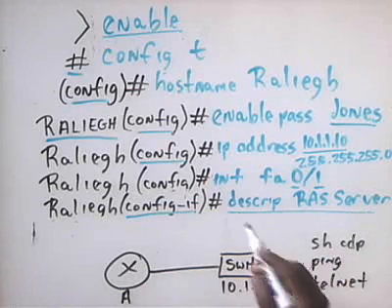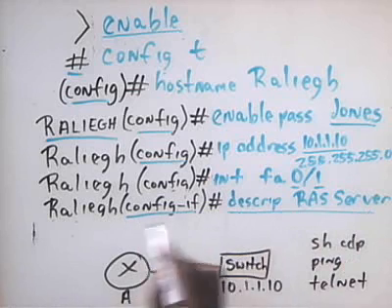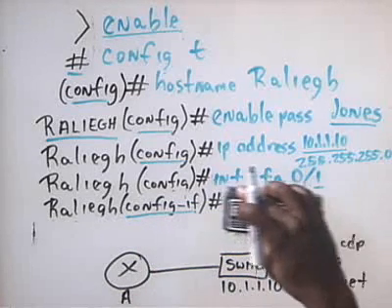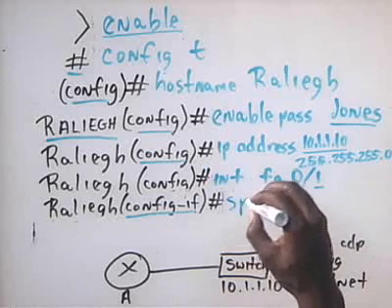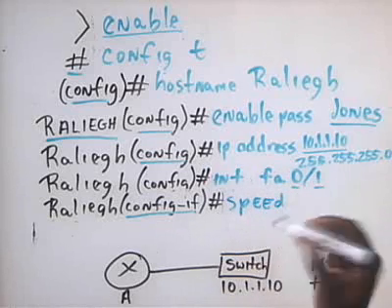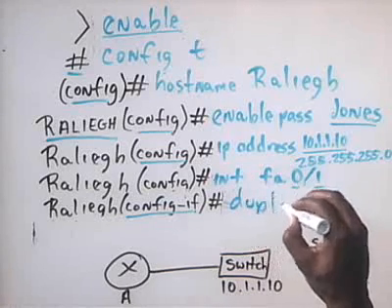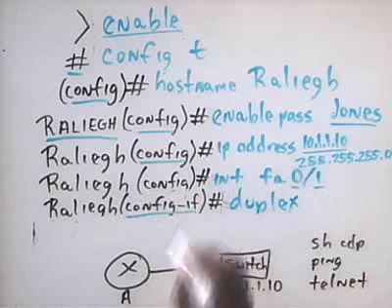Now that we've got a description set here, in that interface configuration mode, we could also set some other parameters, like the speed of the link or the duplex settings. We could set those here, all in interface configuration mode.